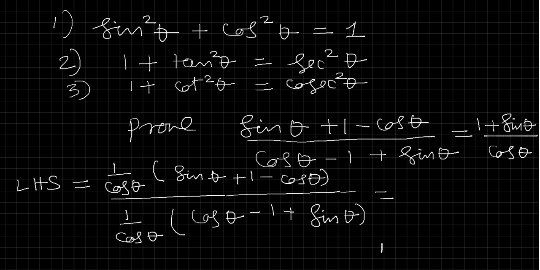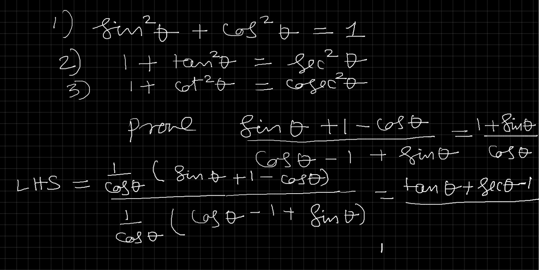The numerator: sin theta by cos theta becomes tan theta, and 1 by cos theta becomes secant theta, so it is tan theta plus secant theta, and cos theta by cos theta is minus 1.